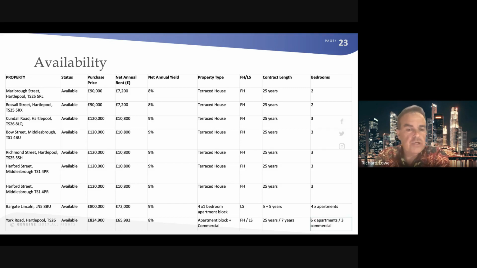And the very bottom one is just over £824,000. This is a combination of 6 apartments with actually 3 commercial units on the bottom, yielding a net yield of almost £66,000 a year, and that equates to an 8% net yield. So that's just a quick snapshot of what properties are available at this point in time.